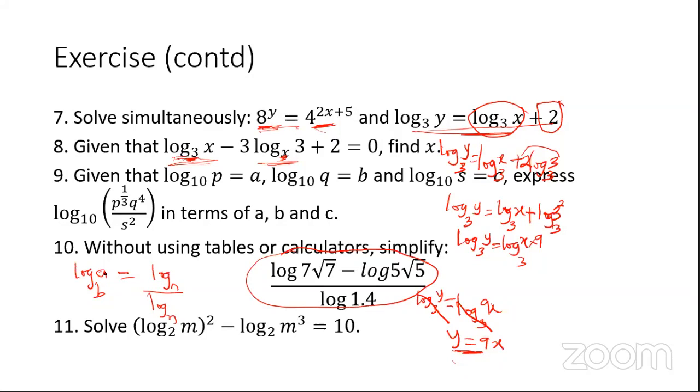Then the a, that is the number here, will be at the numerator, and the b, that is the base here, will be at the denominator. So this is how we change the base. You can see we have changed the base of log a to base b from b to base n. The same thing here.